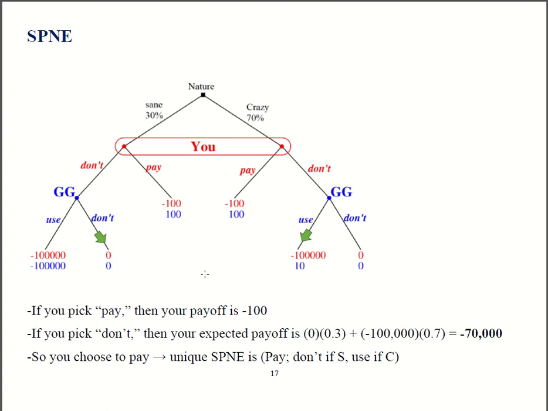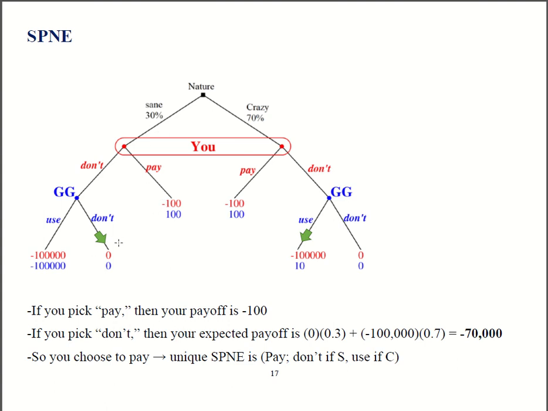So now to find the next step back in the Rollback Equilibrium, we have some uncertainty to deal with. We know that if you play don't pay, you could be either here or you could be there. You don't know if he's sane or crazy. Now if you pay him instead, you know for certain what's going to happen. The game just ends and your payout is going to be minus 100. So you have to compare that payoff of minus 100 from paying with the expected payoff from not paying.